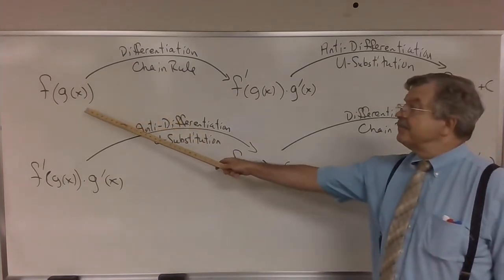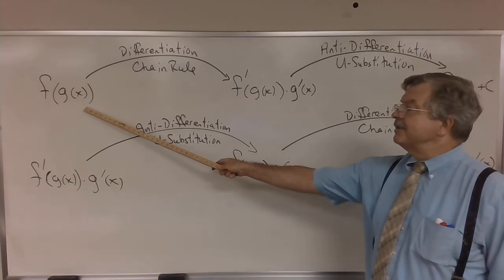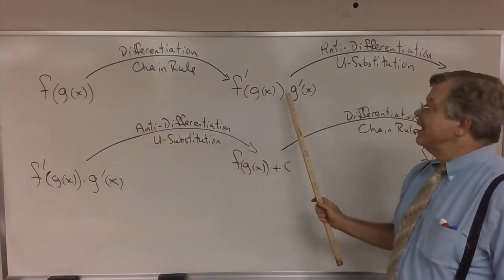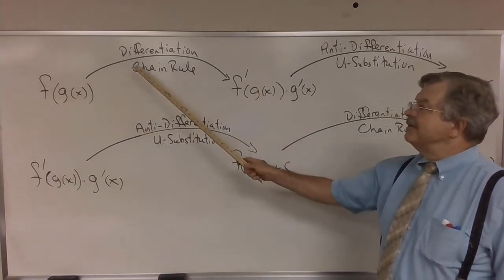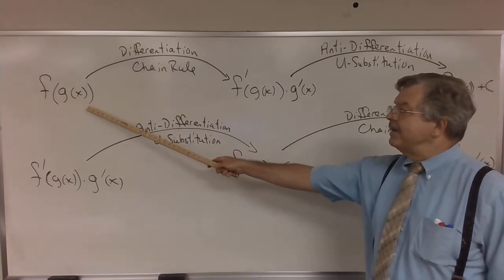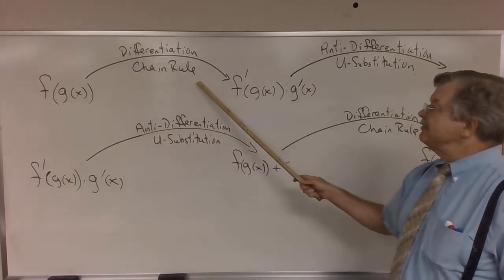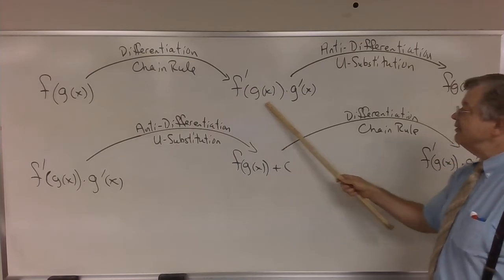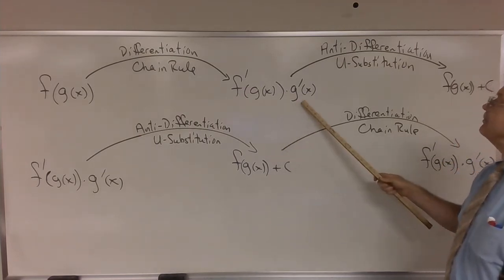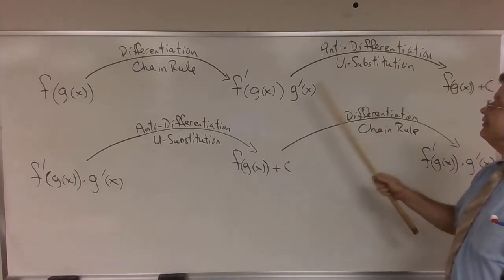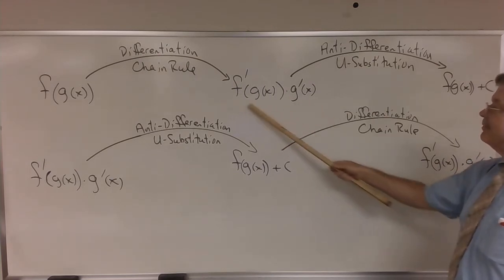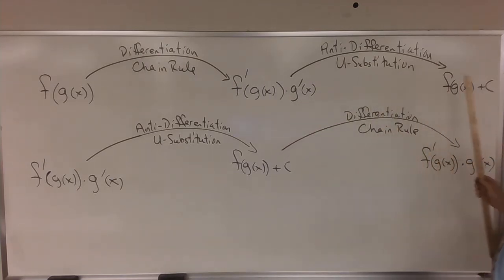And up here, differentiation gives us a composite function. Differentiation takes a composite function, and through the chain rule, it gives us the derivative of a composite function. U-substitution takes that derivative of a composite function and gives us back the original composite function, f of g of x, plus some constant.